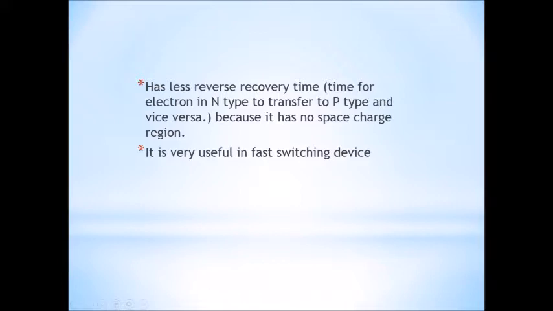It is also called quick response time. Schottky diode can switch on and switch off much faster than other diodes such as PN junction diode. This makes the Schottky diode very useful in high-speed switching power circuits because of the quick response time.